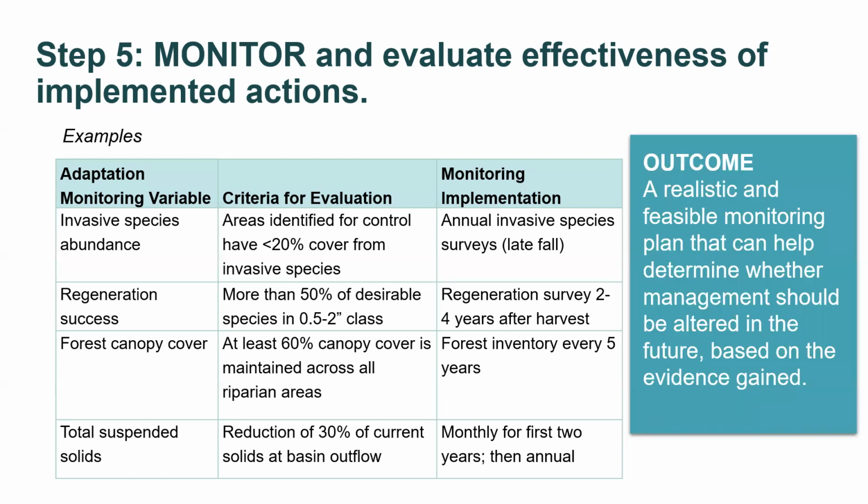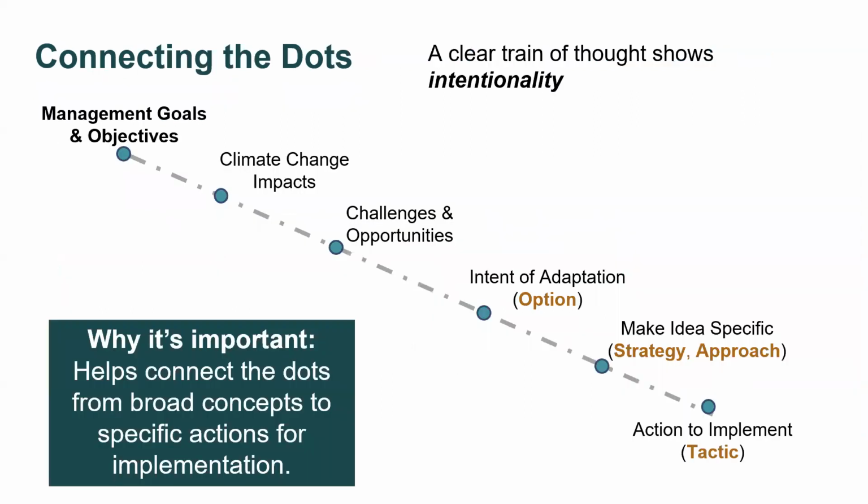And what I want to say now is I want to return to this figure where we connect the dots. You have seen this one a few times throughout the training. We start at the top left and move down to the bottom right.